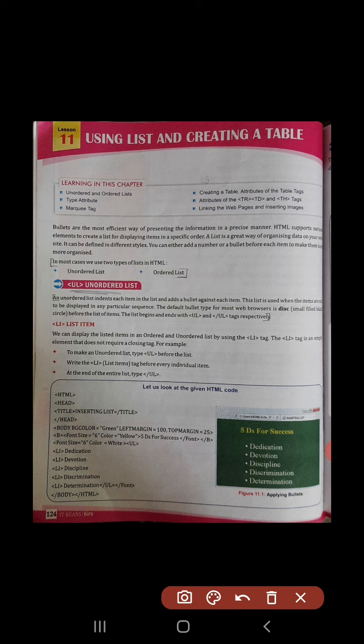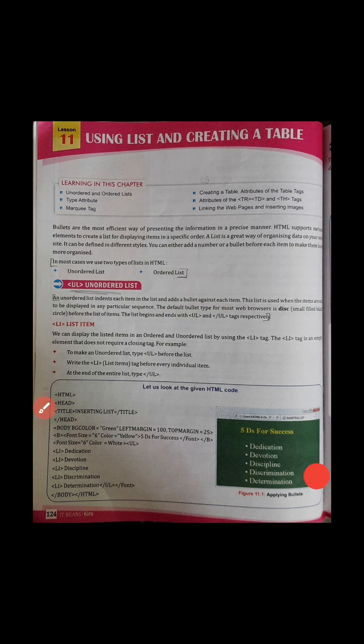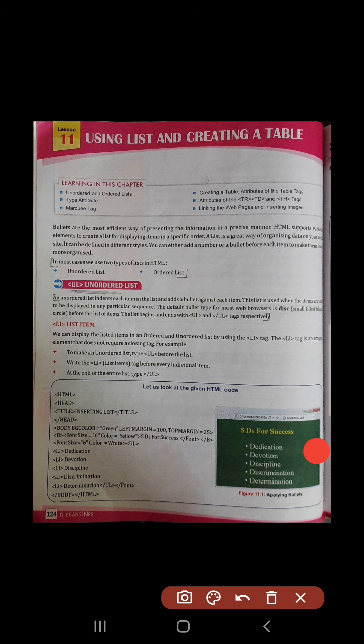The list begins and ends with the UL and /UL tag respectively. Under UL, give the next heading, that is LI, list item. Under list item, write these 3 points: to make an unordered list, type UL before the list, write the LI, that is list item tag, before every individual item, and at the end of the entire list, type /UL.